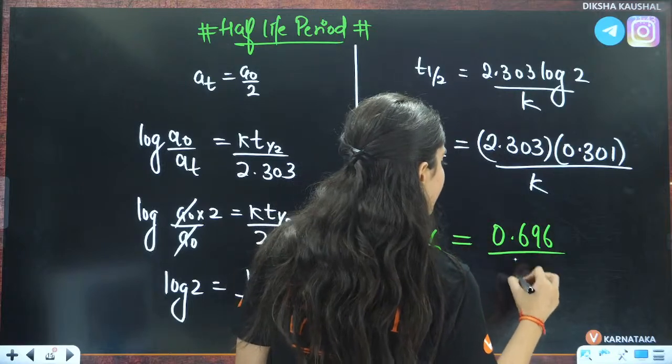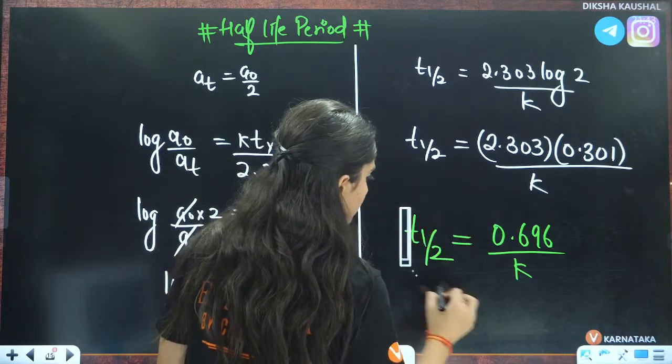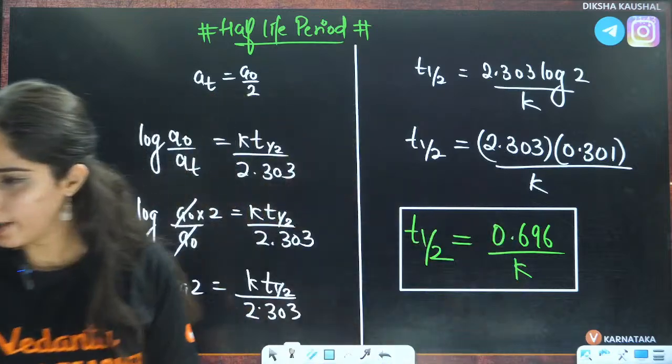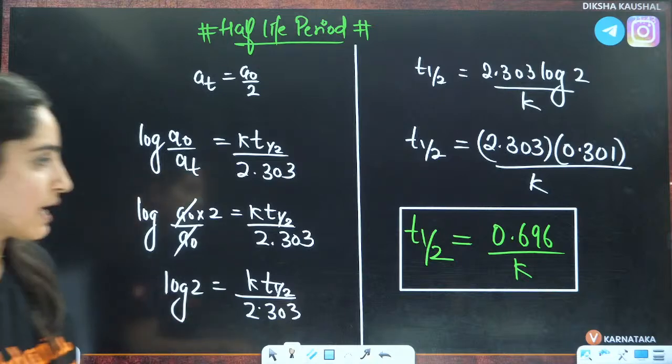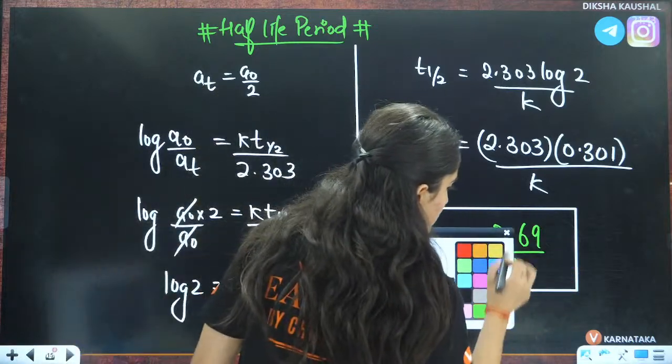Let me multiply that. 0.301 multiplied by 2.303. Yes, 0.693. Sorry, it is 0.693. So t half equals 0.693 divided by k, and that will become your formula.